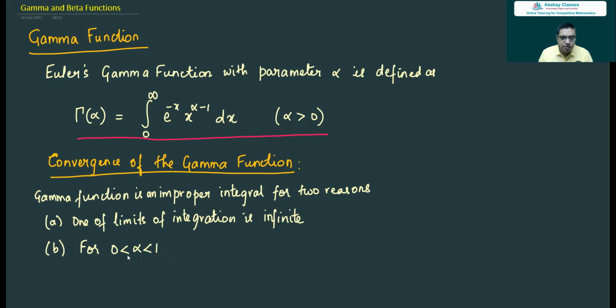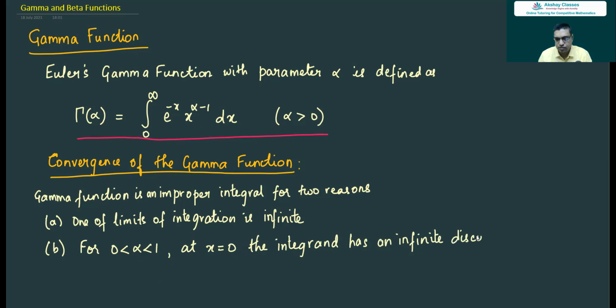So for alpha lying between 0 and 1, what happens is at x equal to 0, the integrand has an infinite discontinuity. So for these two reasons, it is an improper integral.